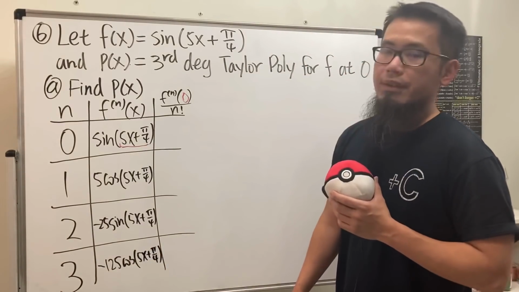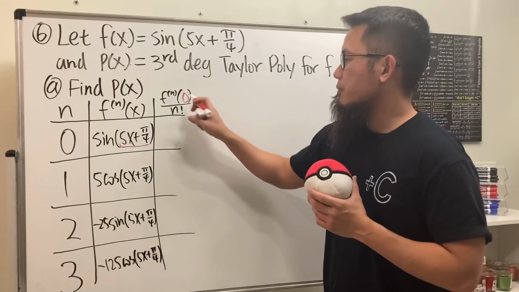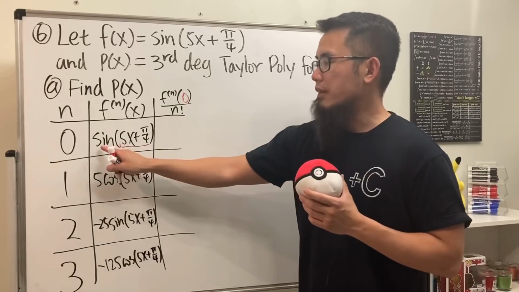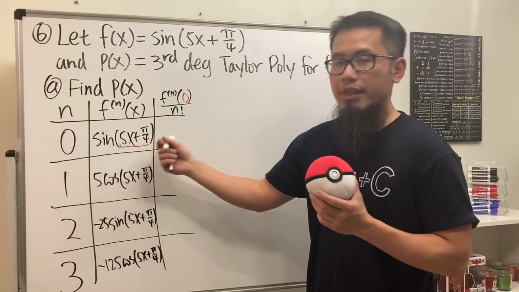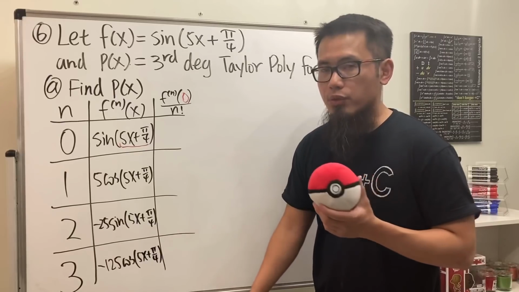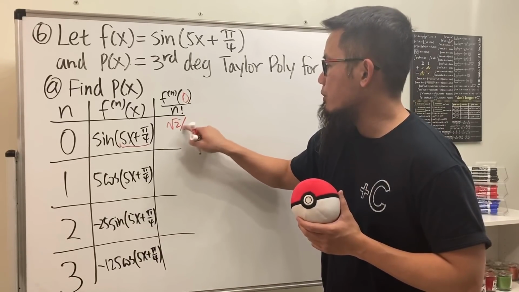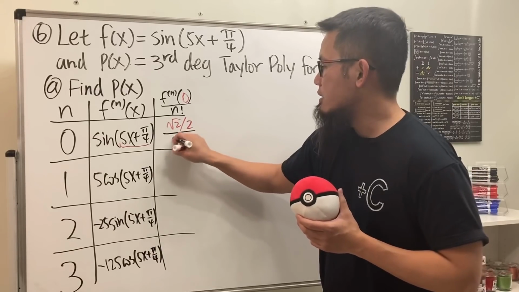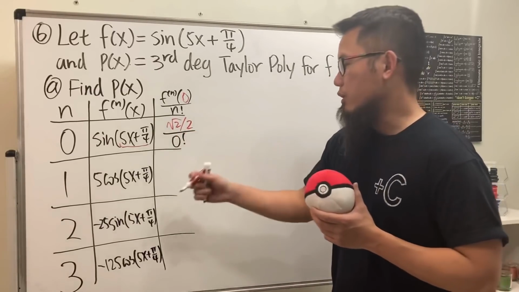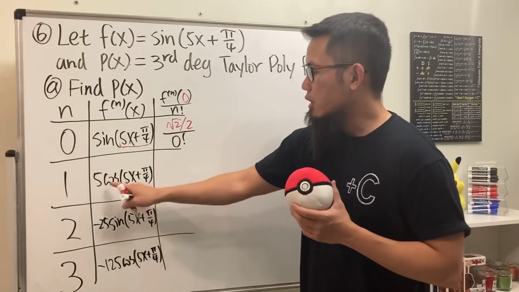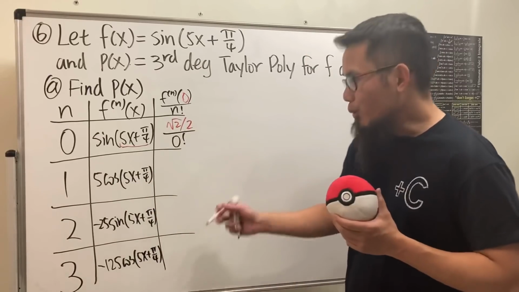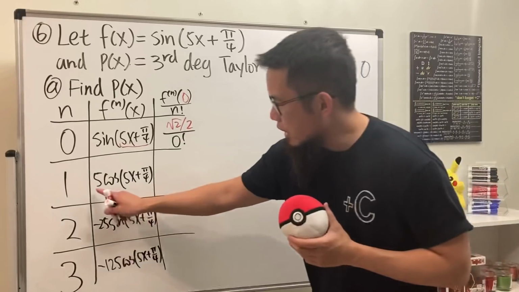All right, now we are going to plug in 0 into this. So we just have sine of pi over 4. And that's what? 1 over square root of 2. Or if you prefer, you can just write it as square root of 2 over 2. And then divide it by 0 factorial, right? And then you can just continue. Put a 0 in here, cosine of pi over 4. It's also square root of 2 over 2. But don't forget we have the 5.